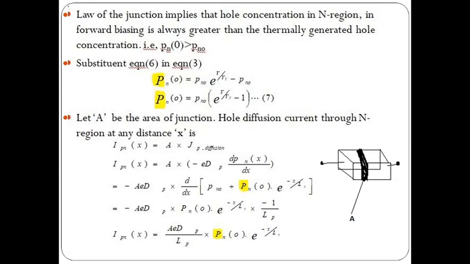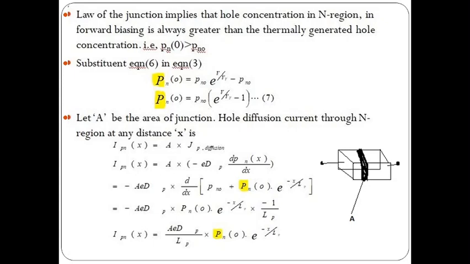We can write the current density of holes due to diffusion as current due to the holes by area, J equals I by A. So from that we can write I equals A into J.